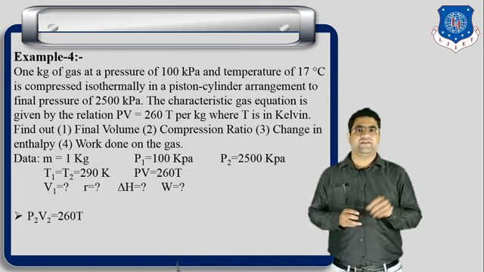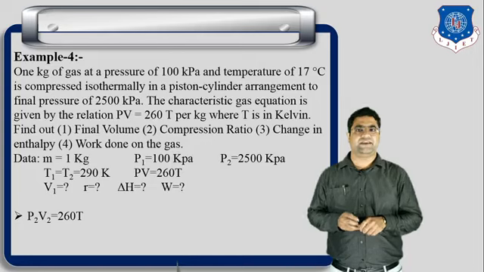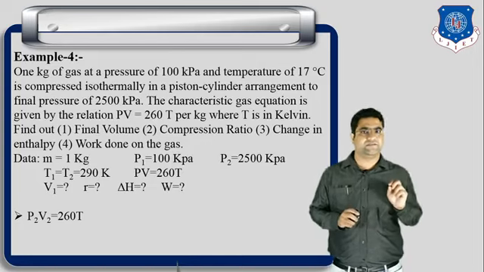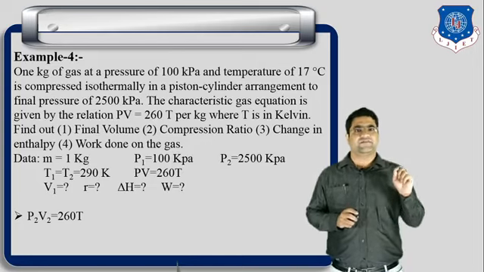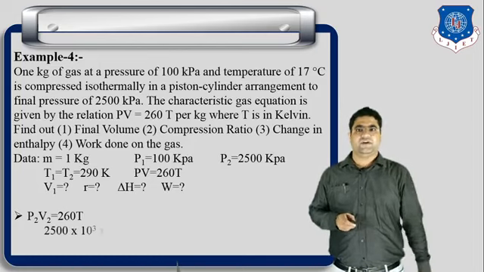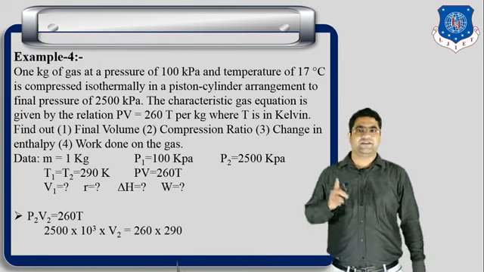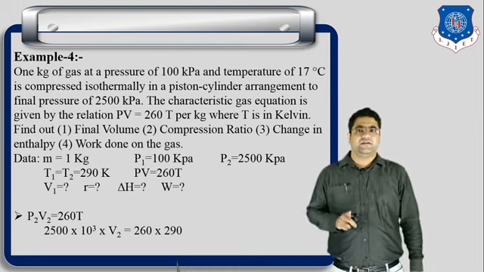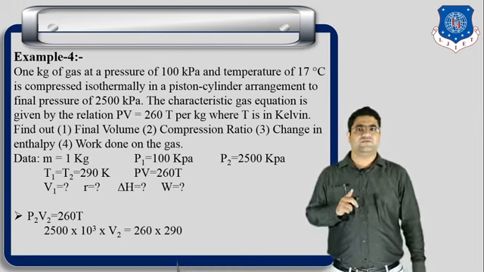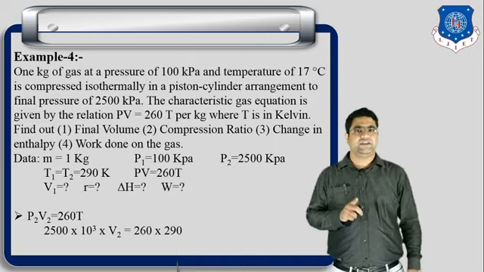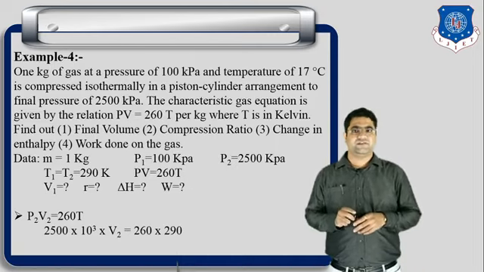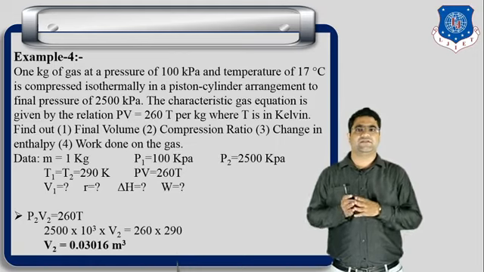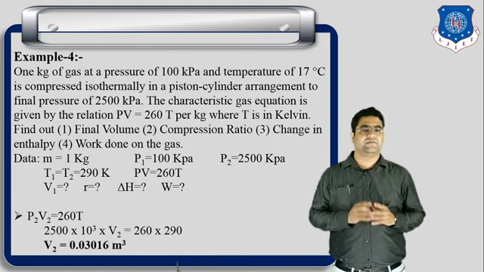From the given characteristic gas equation, we can write P2 V2 equals 260 T. So 2500 into 10 raised to 3, multiplied by V2, equals 260 into T1, where T1 is 290 Kelvin. From this we find V2 equals 0.03016 meter cube.